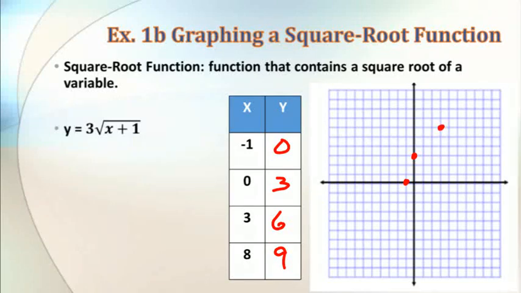There's 3, 6, and then 8, 9. 9 would be up here. So you can see that I have my curve going. So I start here, follow the dots. Here's my curve for this function.